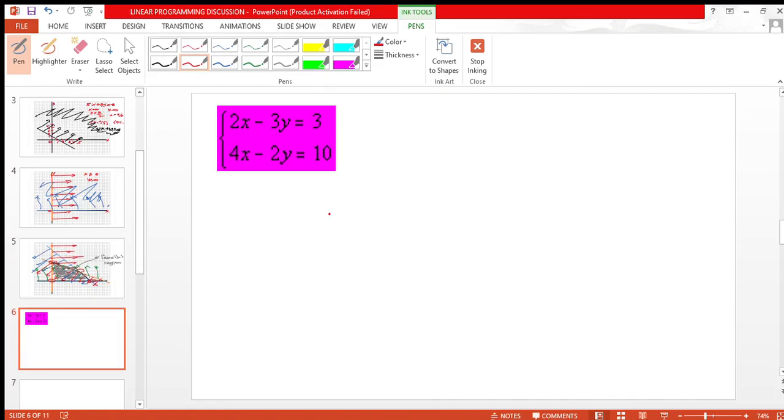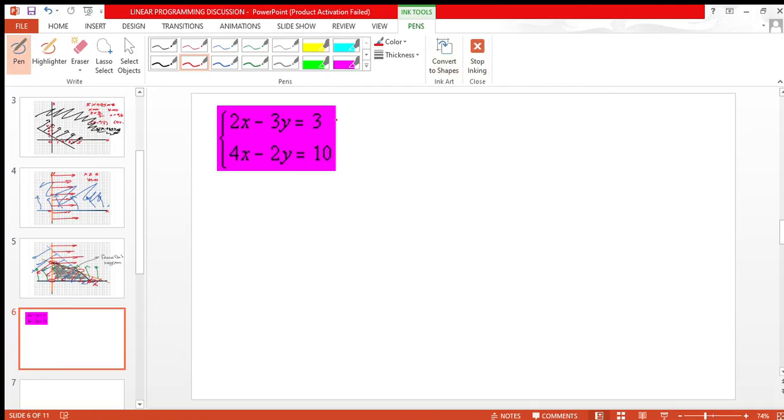You have elimination using addition or subtraction, elimination using substitution, or you have Cramer's rule. I don't know if you are still familiar with those, but let's just introduce one solution. So maybe we can just apply solving the system using elimination by addition and subtraction.